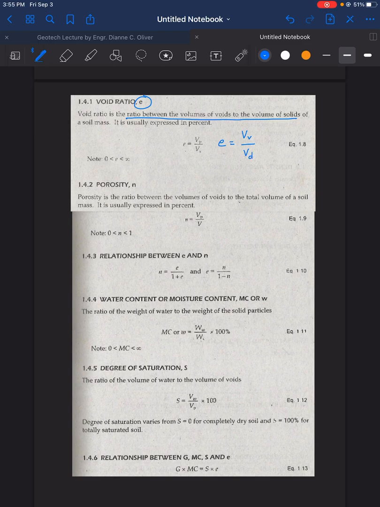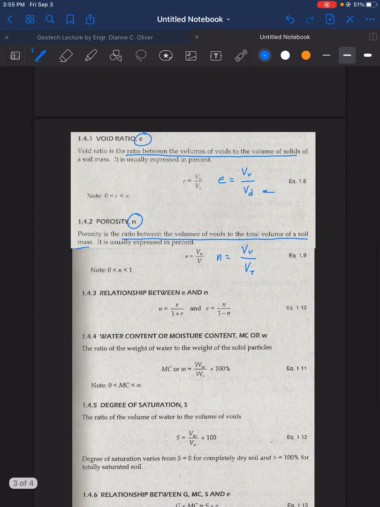Okay? Now, how about porosity? Porosity, with symbol n, is the ratio between the volume of voids to the total volume of a soil mass. It is expressed in percent, and the formula is volume of voids over the total volume. So what's the difference between the two? For the void ratio, it is concerned with the sample in dry state.